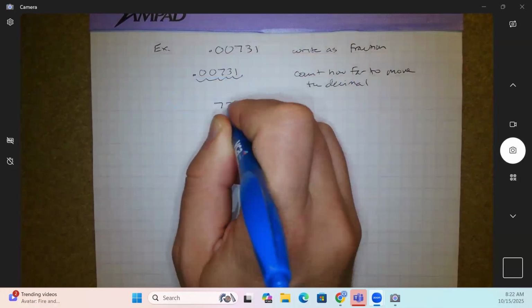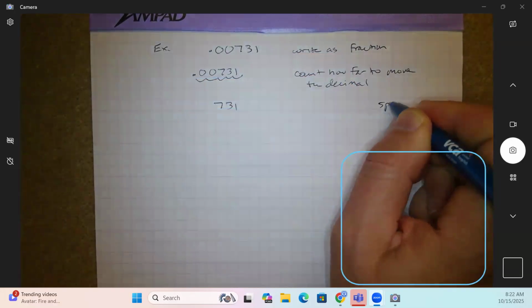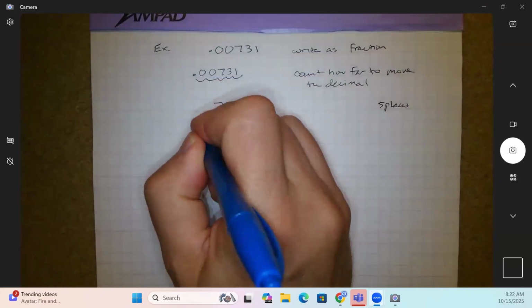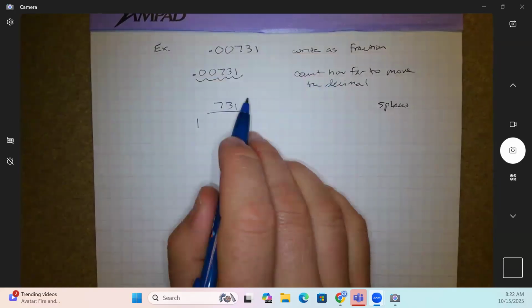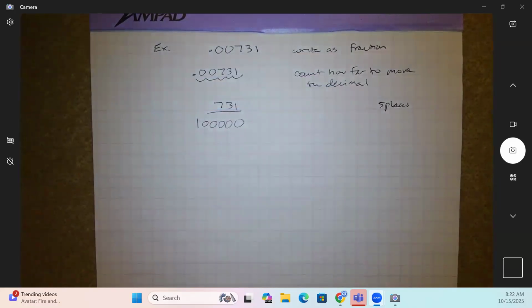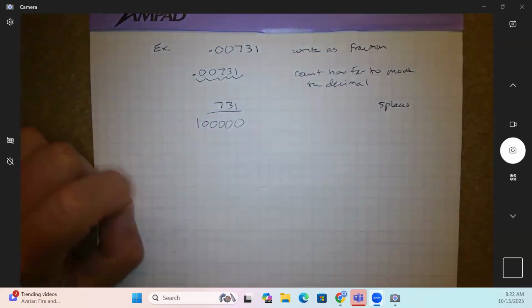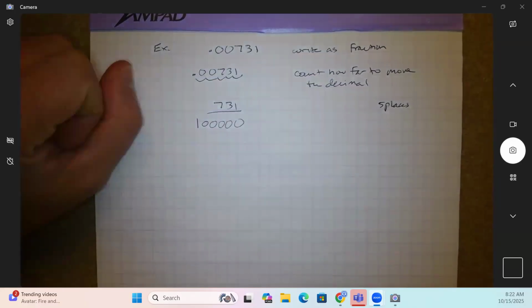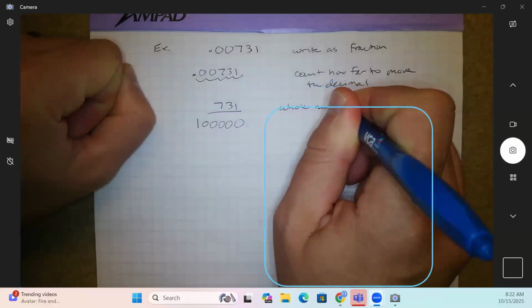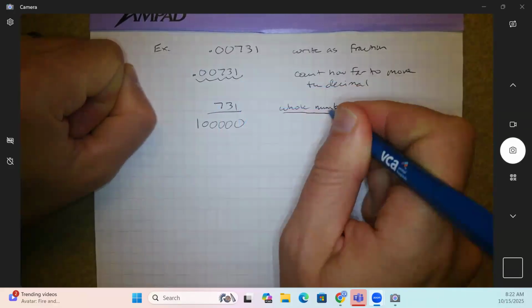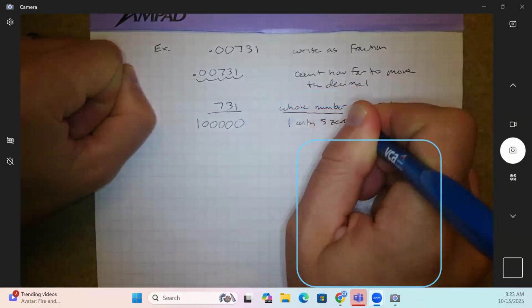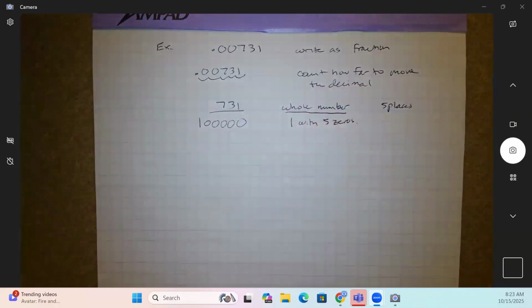So I have to move it 5 places, which means the number without any decimals is divided by 1 with 5 zeros. So we have now a whole number, or maybe an integer, divided by 1 with 5 zeros. Right, in this case, 100,000.